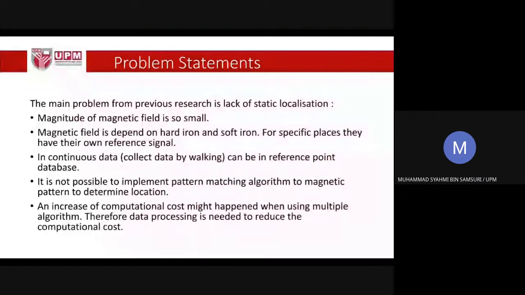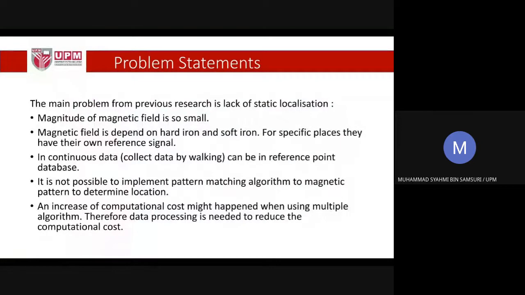So next is the problem statement. The main problem from previous research is the lack of static localization. The magnitude of the magnetic field is very small, as it is in microtesla units, and the magnetic field depends on hard iron and soft iron. Specific places have their own reference signal.